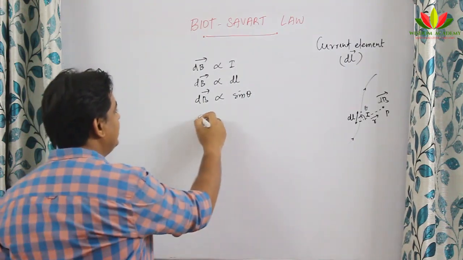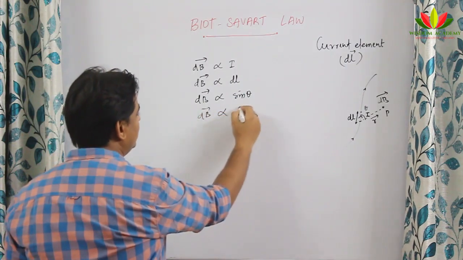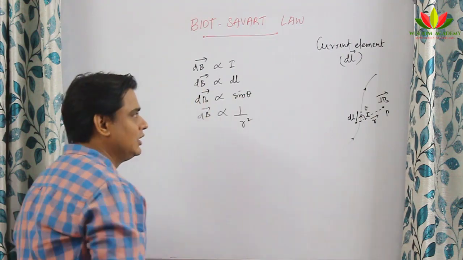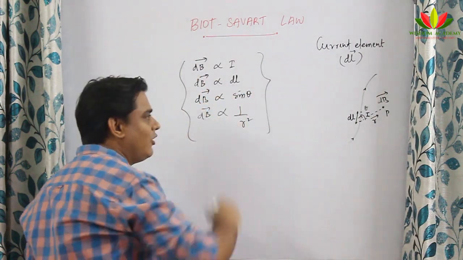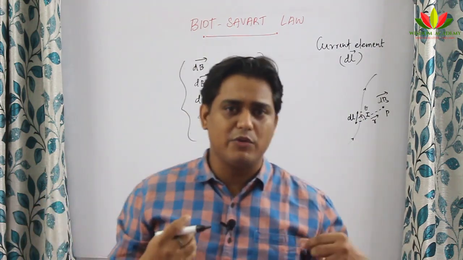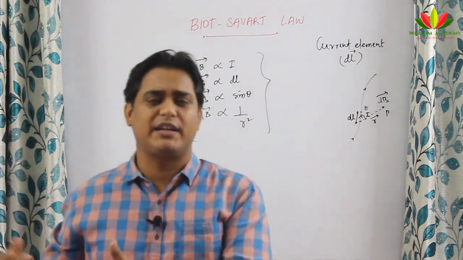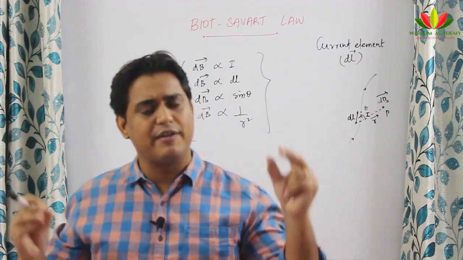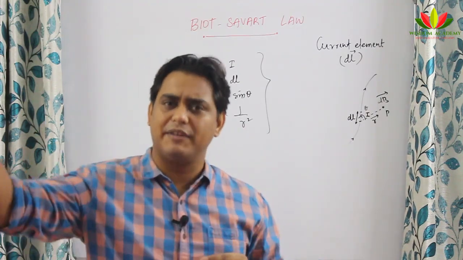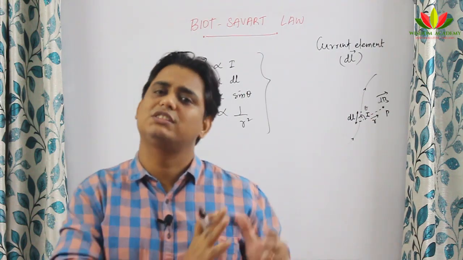So I will write dB is inversely proportional to 1 by r square. If you ask how he got this, it was from a set of experiments where he took the current element, passed various amounts of current, took different lengths, kept the point at various positions, and could draw these conclusions.